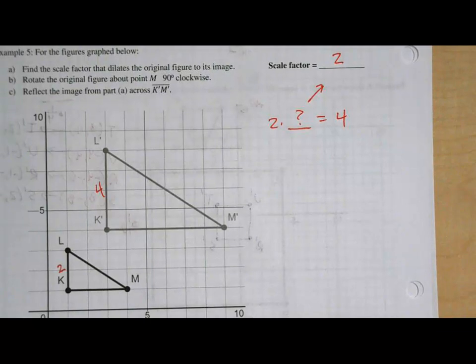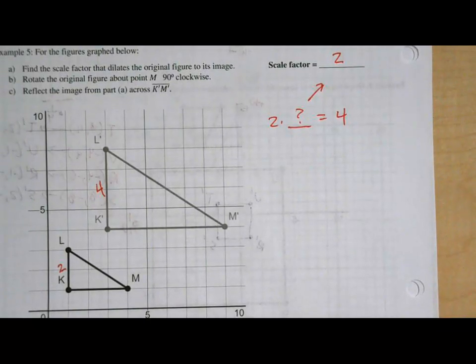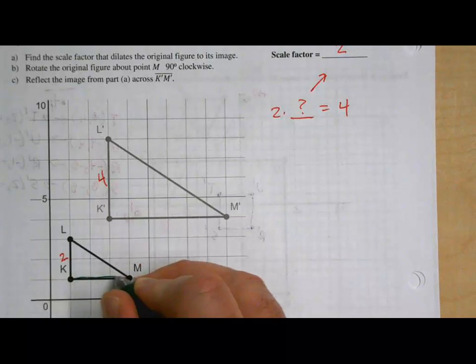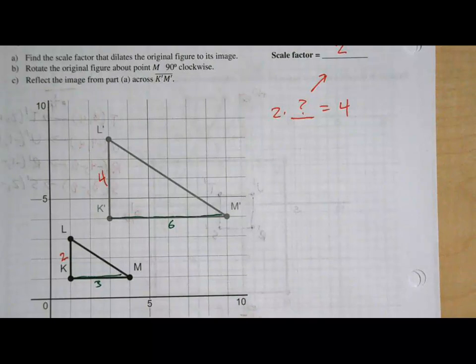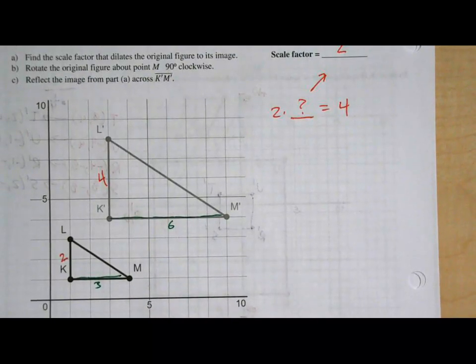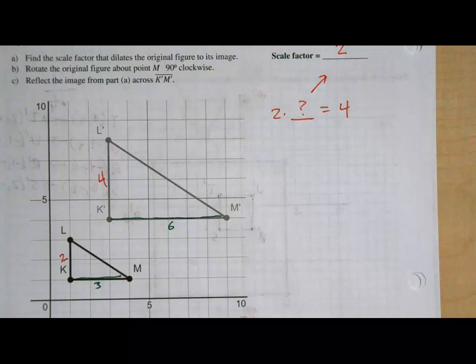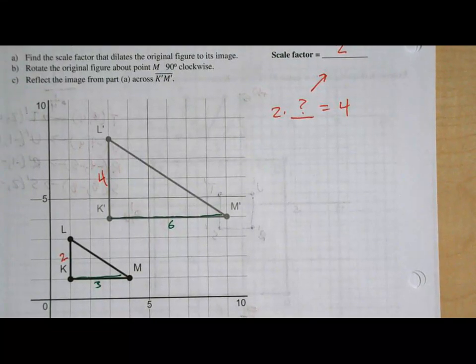We could check it by saying, oh, this side is 3, and this side is 1, 2, 3, 4, 6. That's twice as big as this, so my scale factor must be 2. The other way we could do it, since they did tell us, did they tell us it was dilated about the origin?